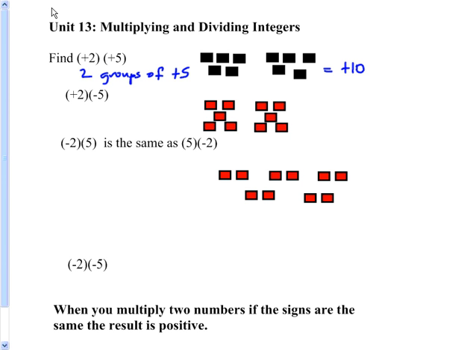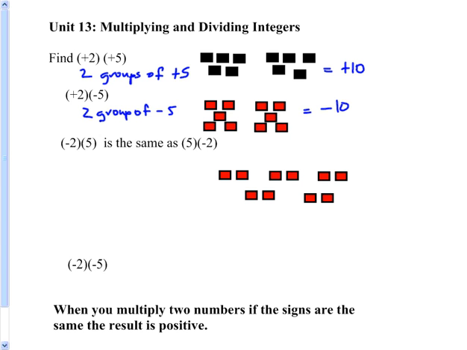So what about the next one here, where we had positive 2 times negative 5? Well, again, remember the reds represent negatives, so we could think of this as two groups of negative 5. It's like negative 5 plus negative 5, which of course is negative 10.